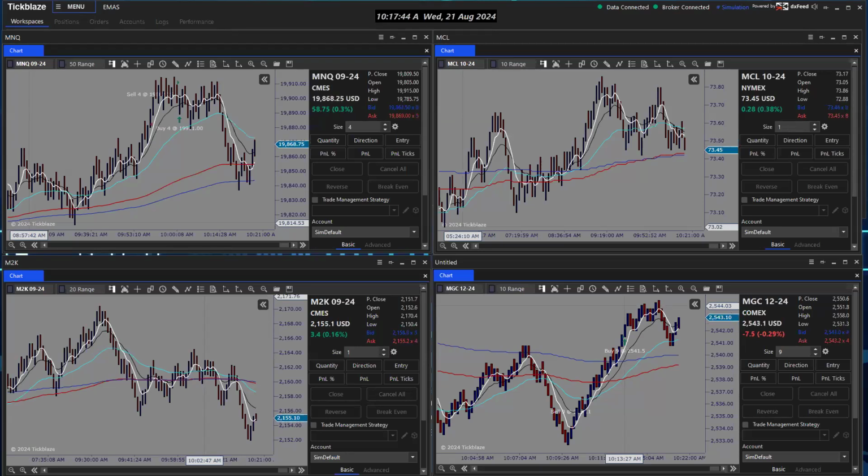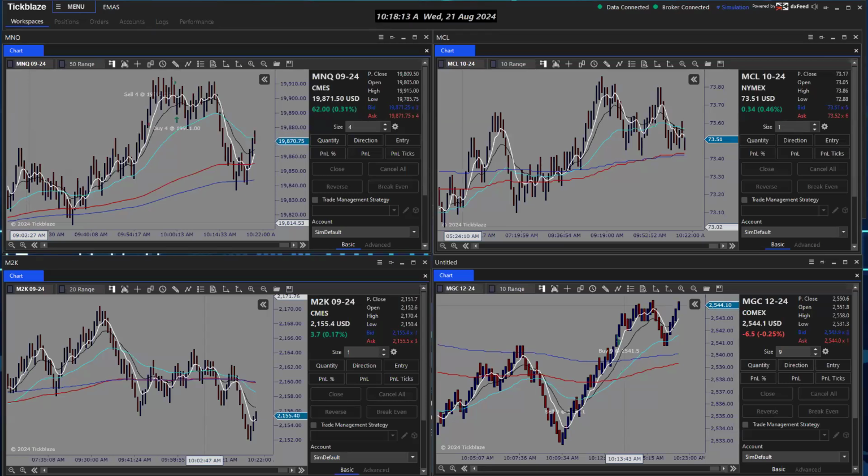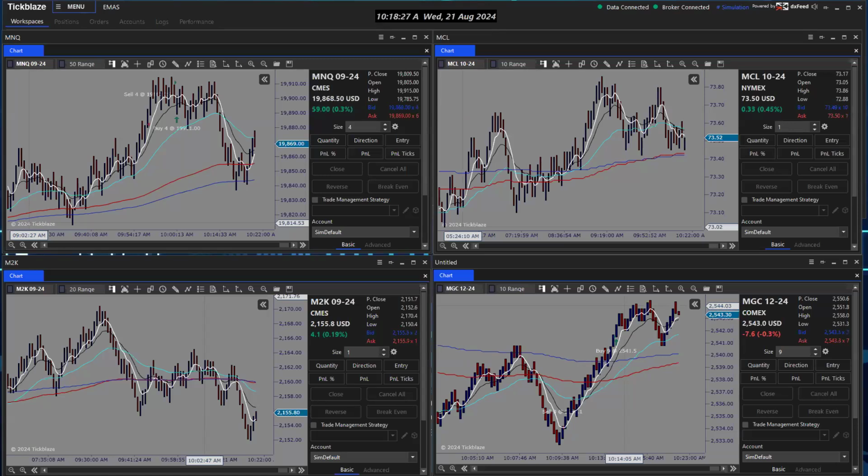Either 8 or 10 for ES. Potentially, but it overshot.